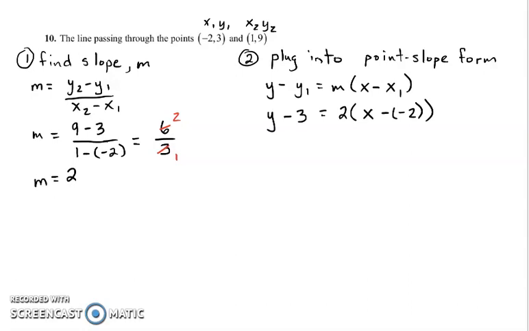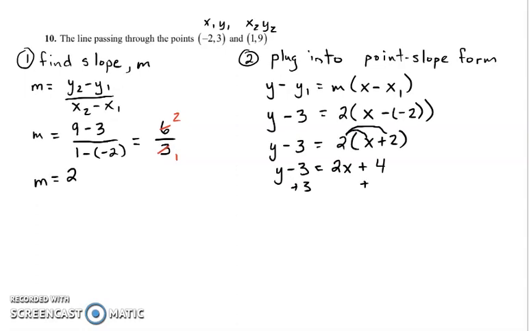So solving that so that it's in slope-intercept form, we have y minus 3 equals 2 times the quantity x plus 2. Distribute the slope of 2 through the parentheses. So y minus 3 equals 2x plus 4. Remember, we have to multiply both things. And then add 3 to both sides of the equation. So we have y equals 2x plus 7.